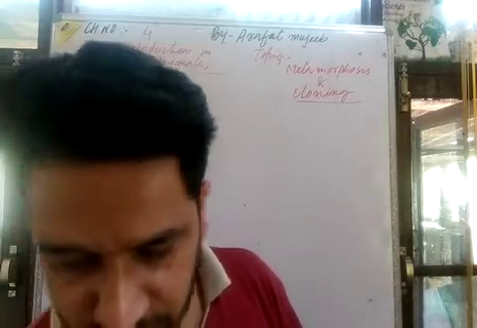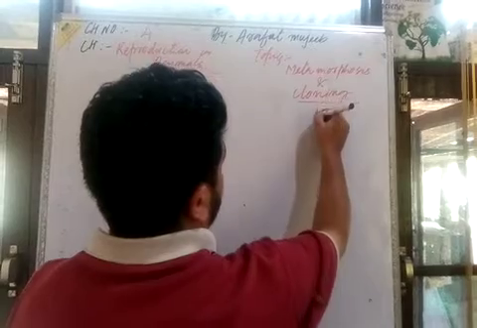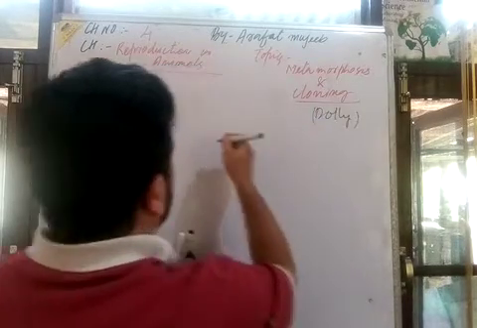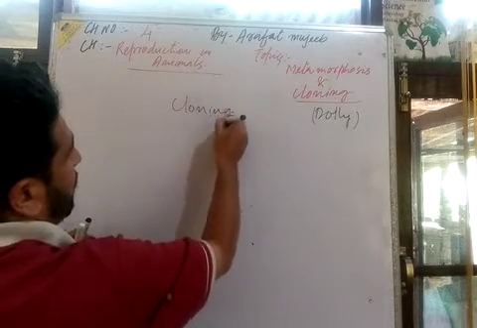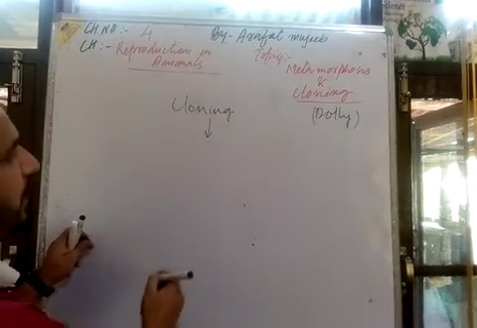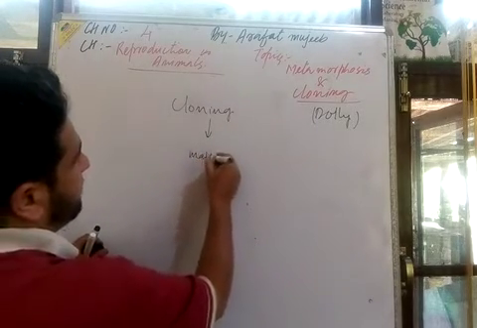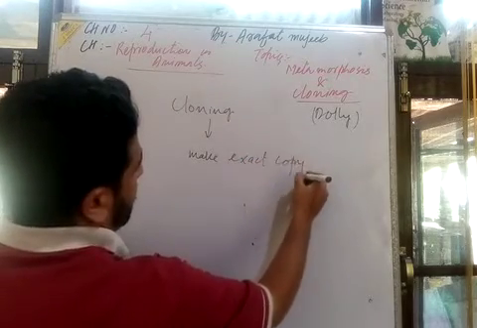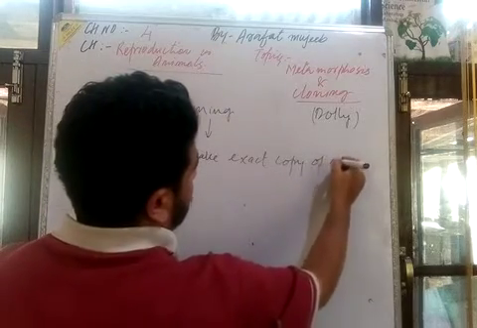Now here is the other concept of cloning। cloning में आपने नाम सुना होगा डॉली। तो क्लोनिंग क्या होता है, यहाँ पे एक नया कॉन्सेप्ट है क्लोनिंग। क्लोनिंग हम क्या करते हैं, we make an exact copy, that means make a production of exact copy of cells.